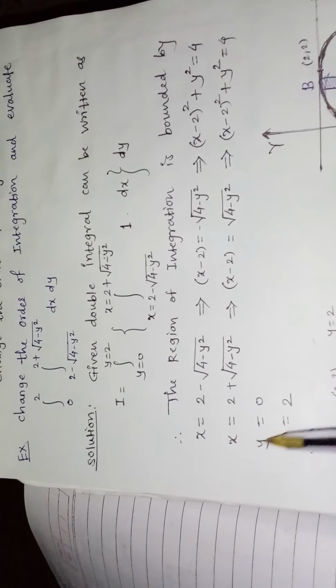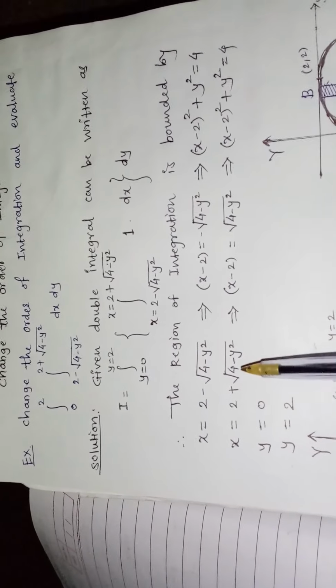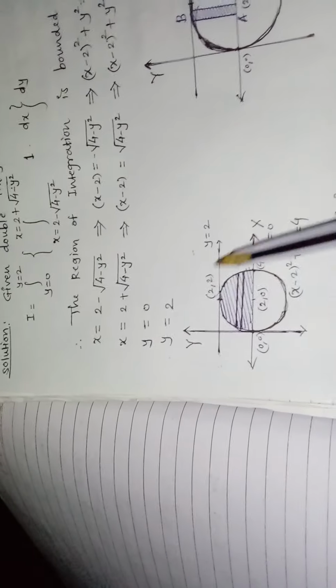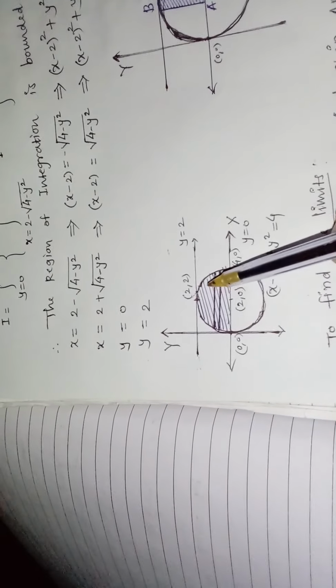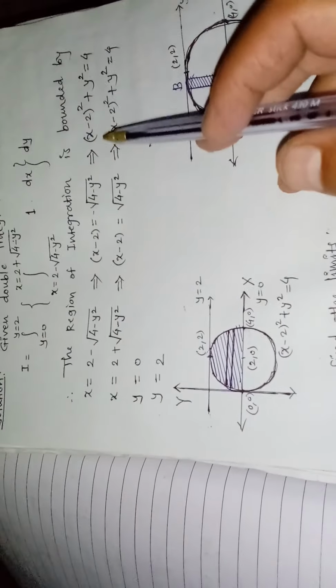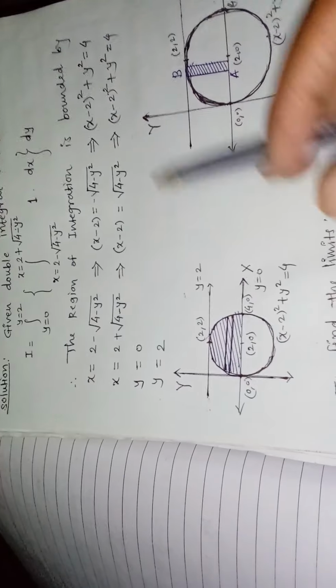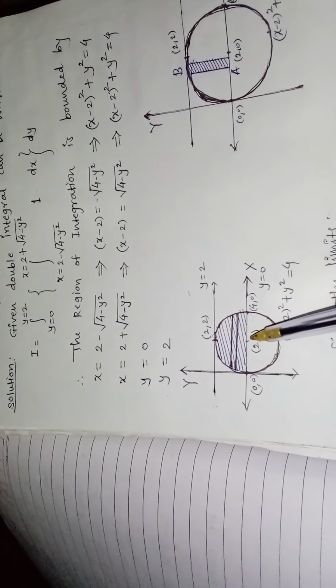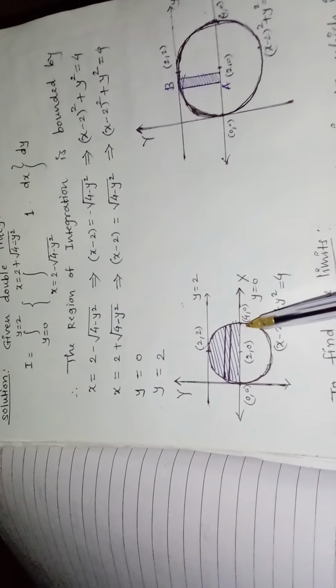Now first of all we are plotting all these curves on the graph, and if I plot these curves on the graph, then this will be the figure. In that, this circle is nothing but the standard circle (x minus 2) bracket square plus y square equals 4. So this is the center of the circle, that is (2, 0), and the radius is 2.